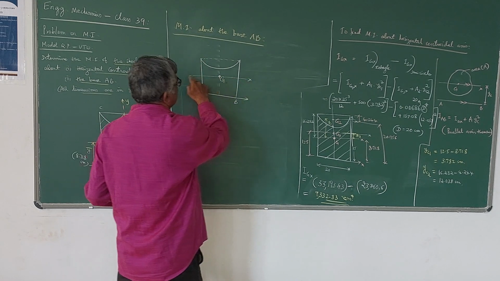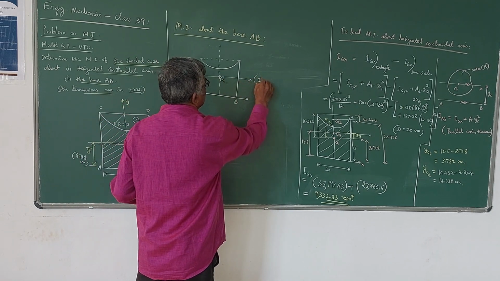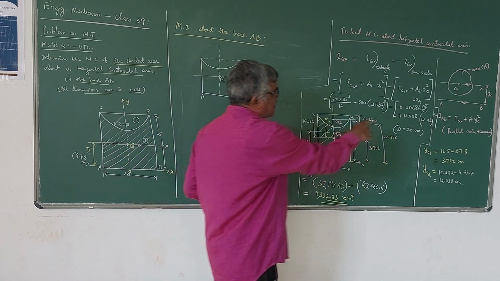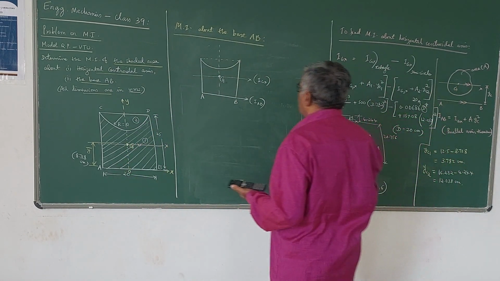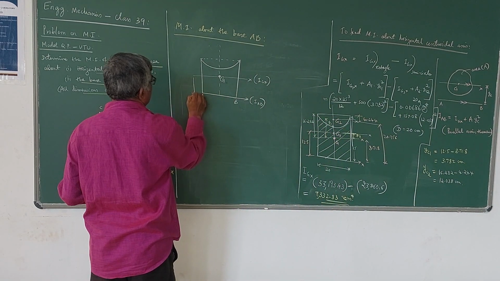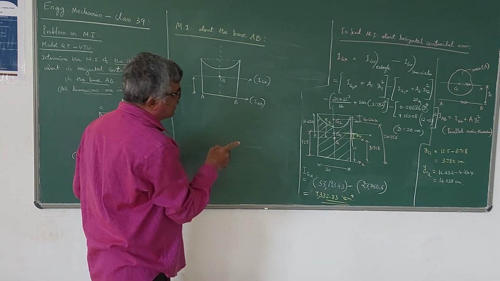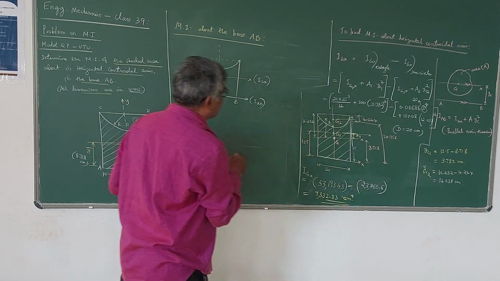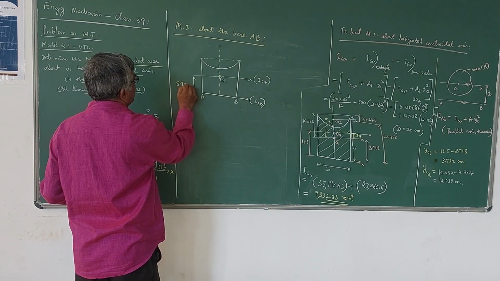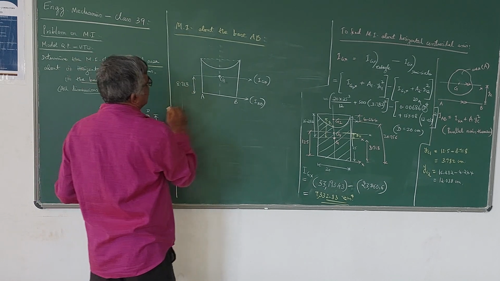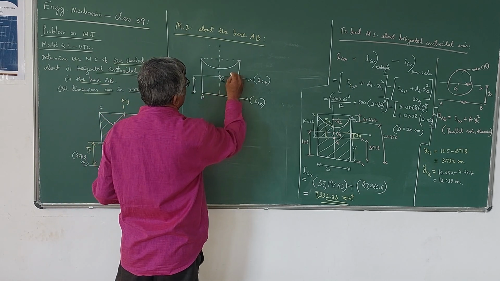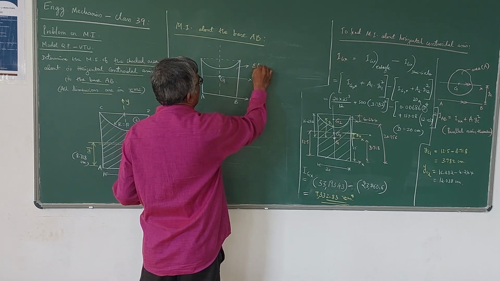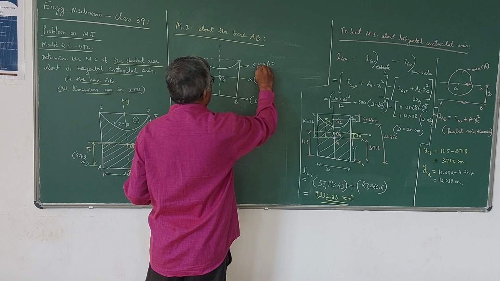Now this becomes the centroidal axis. I know the value of IGX. I need to find the value of IAB using the same parallel axis theorem. So here the distance between these two is y bar, which you have got as 8.718 centimeters. Also the area of this lamina is sigma ai.